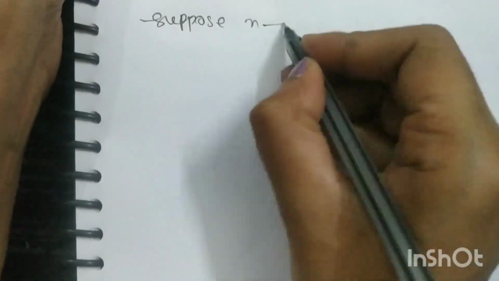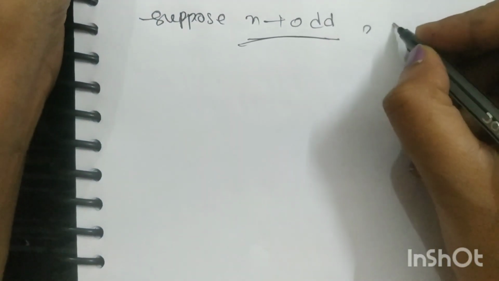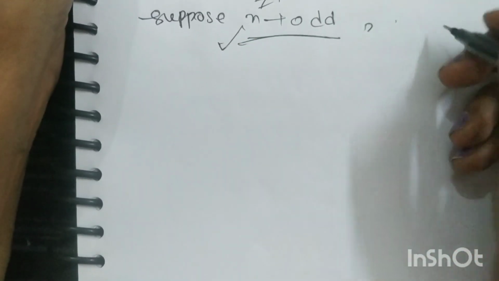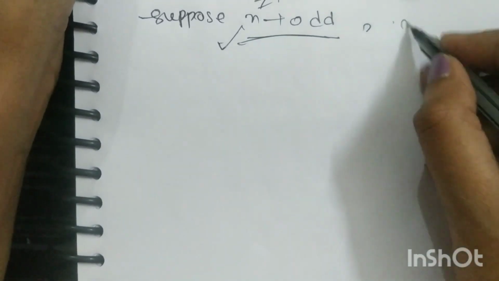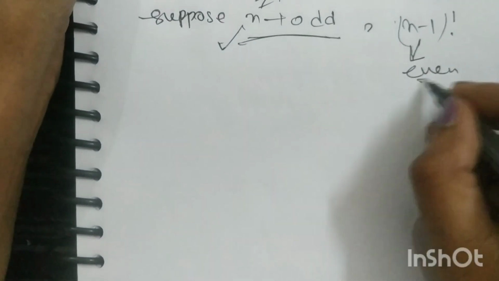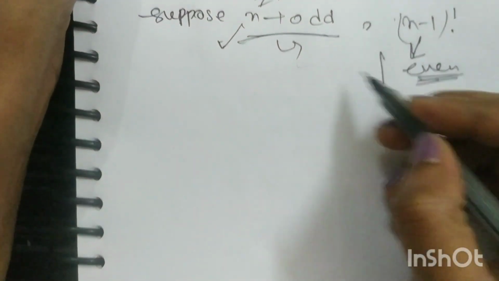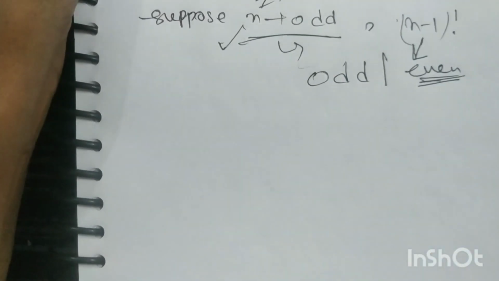Suppose n is odd, and it is greater than or equal to 60. So what can you say about n minus 1 factorial? First of all, it will be even. So it is even and it is odd, so it does not divide.